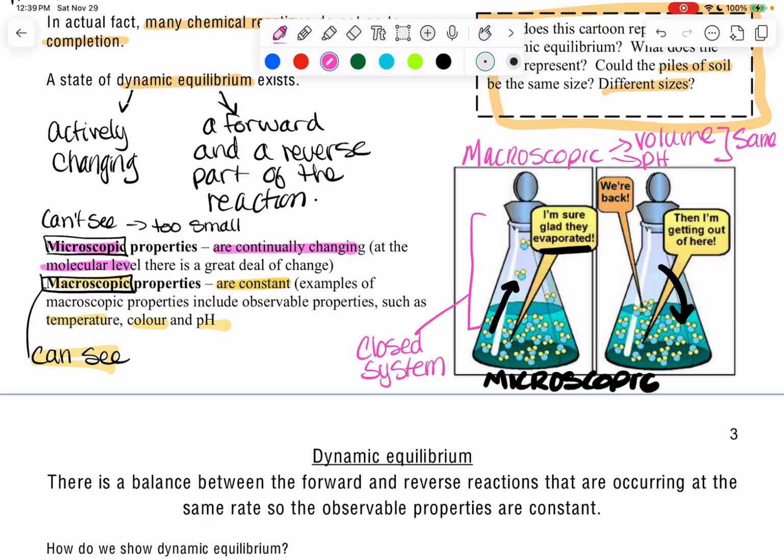So the water volume is going to stay the same. The weight of this, or the mass, is going to stay the same. We're not going to see that evaporation condensation necessarily.